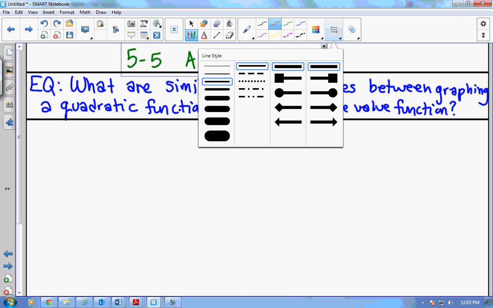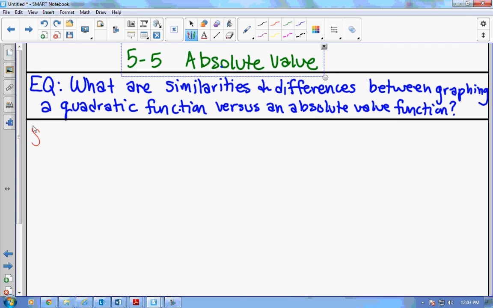Okay, we're going to start this the same way we start with circles. With circles, we start talking about vertex form of a quadratic. Okay, does anyone remember vertex form of a quadratic?